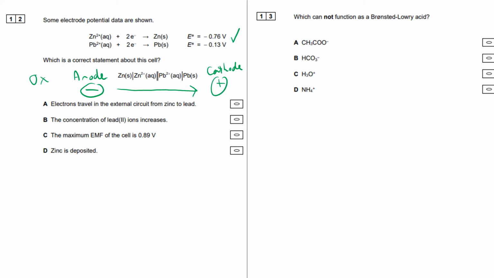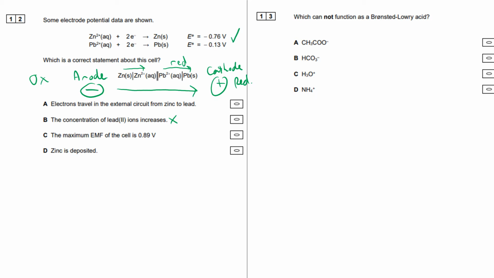The anode is where oxidation occurs and the cathode is where reduction occurs, provided it's set up the correct way round, which it is. So as the electrons flow from left to right, the zinc is oxidized to Zn2+. The lead ions are reduced to lead solid. So the concentration of lead ions will not increase.